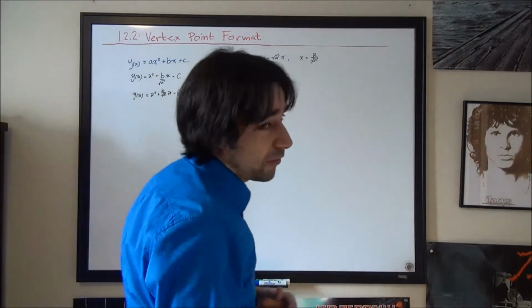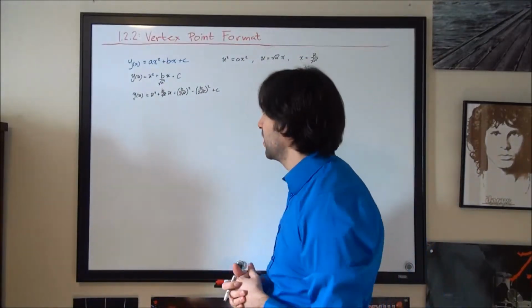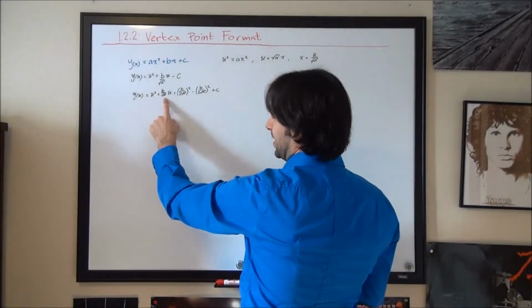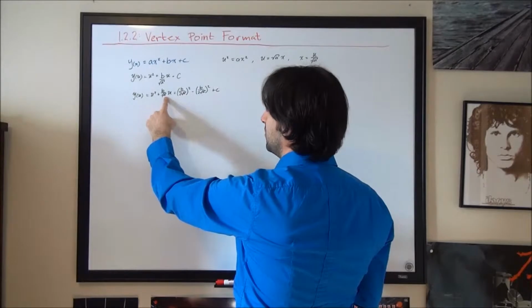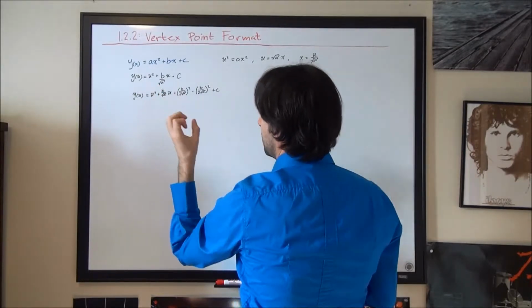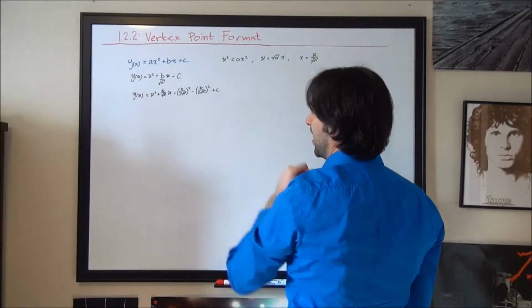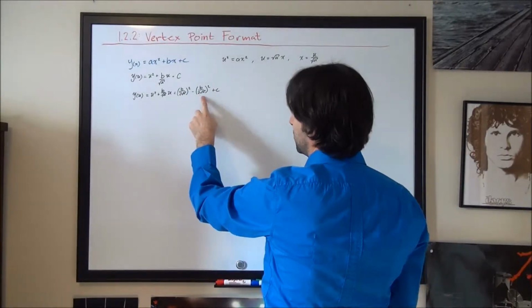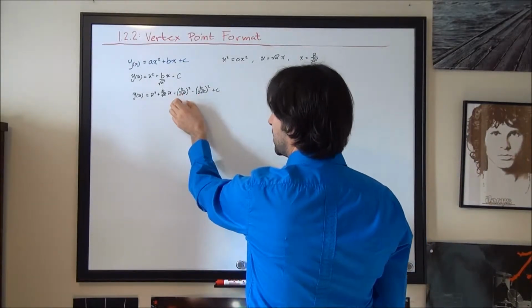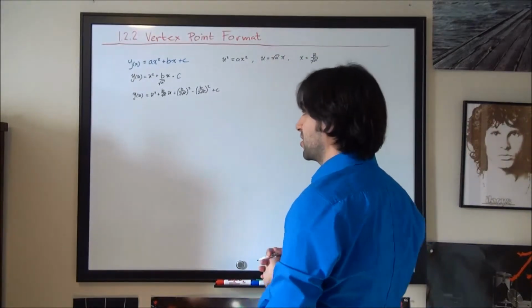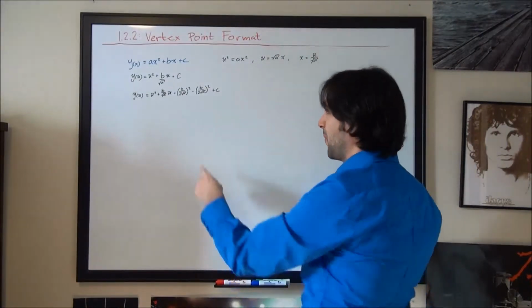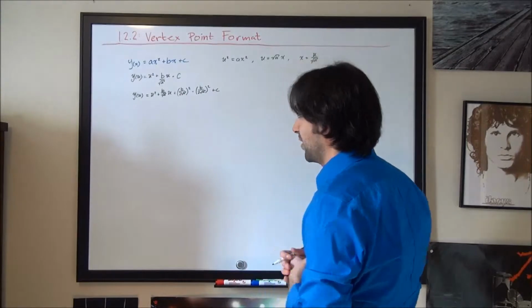You remember when we did a tutorial on completing the square, what we had to do is take this coefficient, divide it by 2, and square it. And then we have to both add and subtract the result. The reason why we have to add it and subtract it is because if we just added it, that would actually change our function. We wouldn't have the same function anymore. But by subtracting it here, we cancel it with itself.